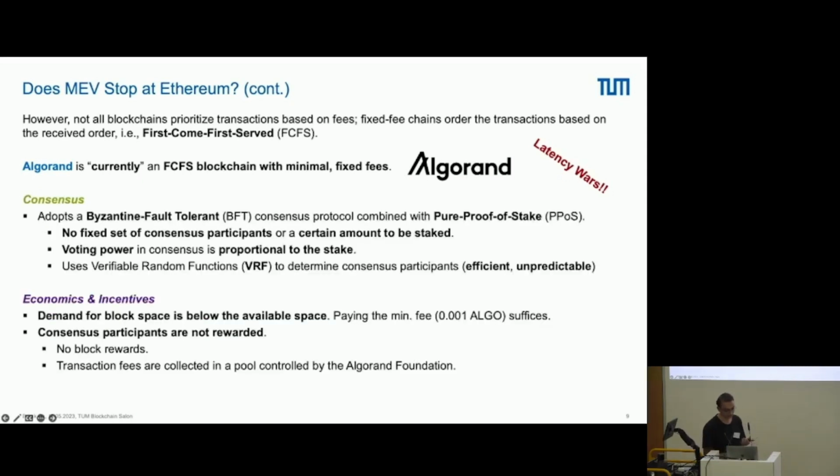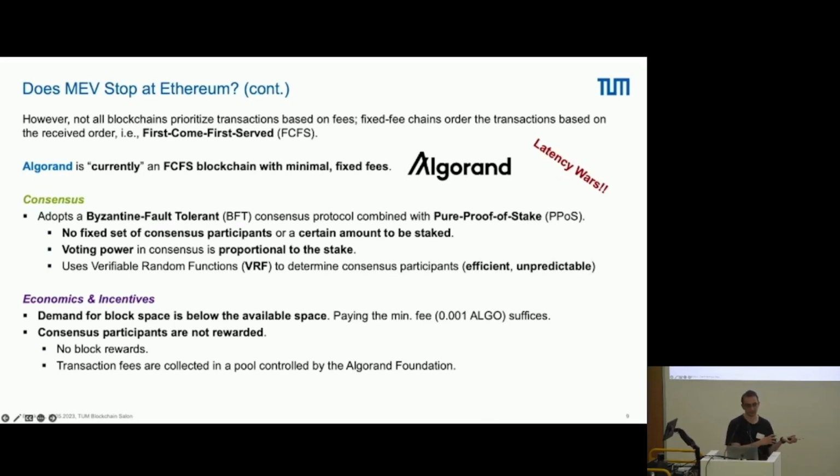And Algorand has some nice properties of its own. It has, I would say, a novel consensus mechanism paired with pure proof of stake, where there is no fixed set of consensus participants and no certain amount to be staked to join the consensus. It uses verifiable random functions to determine the block proposers in a secret and unpredictable way.